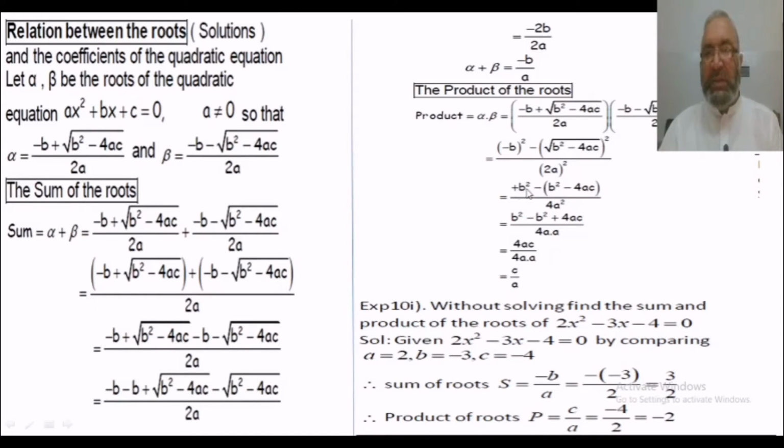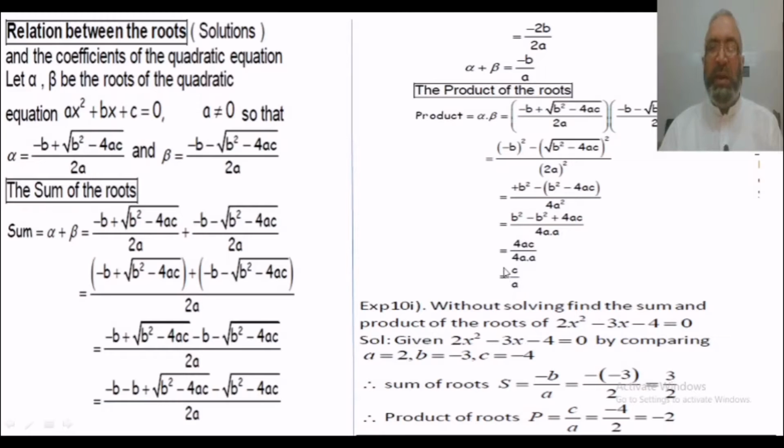Again simplifying this bracket, we get b square minus b square, and minus becomes positive, minus 4ac divided by 4a square, we can write 4a into a. Now b square minus b square cancel, we get 4ac divided by 4a into a, or simply 4a cancels. So we get c by a.